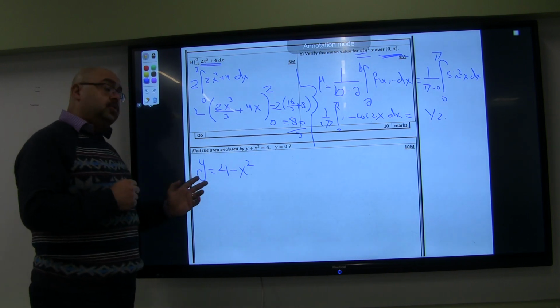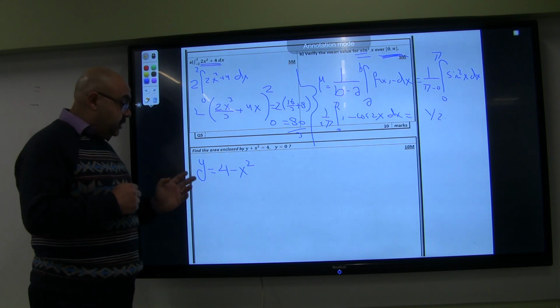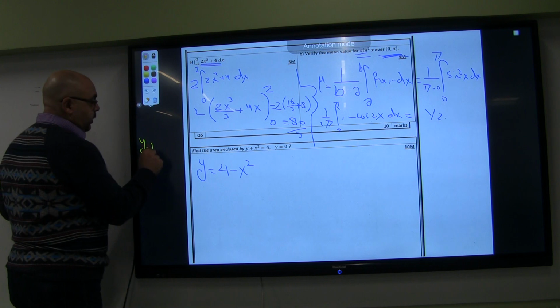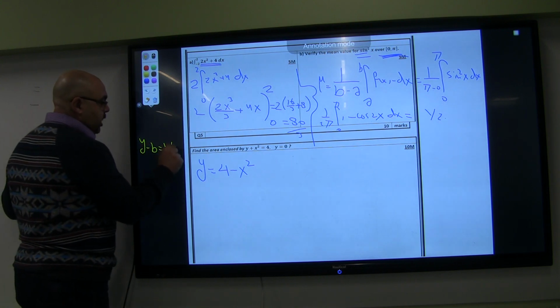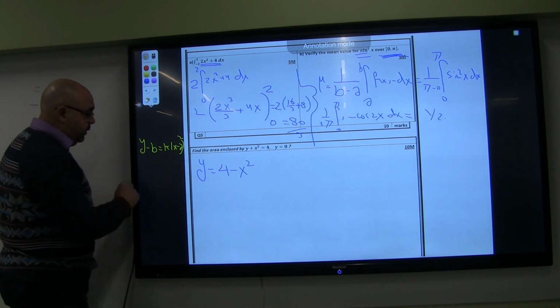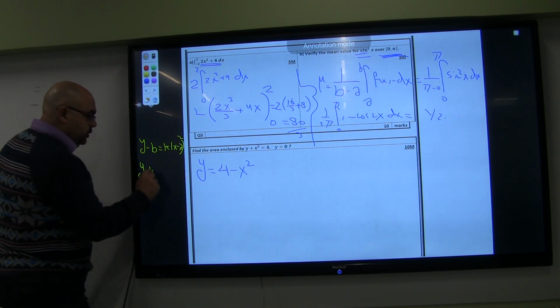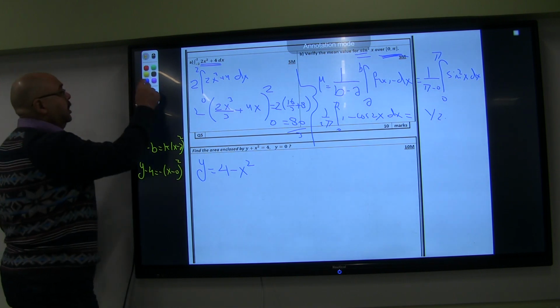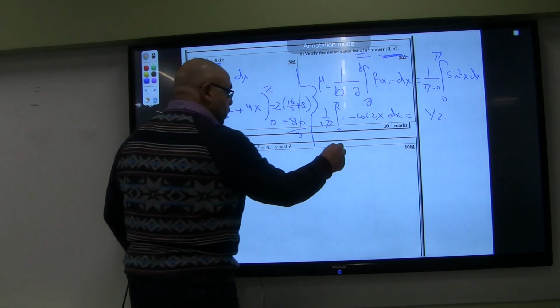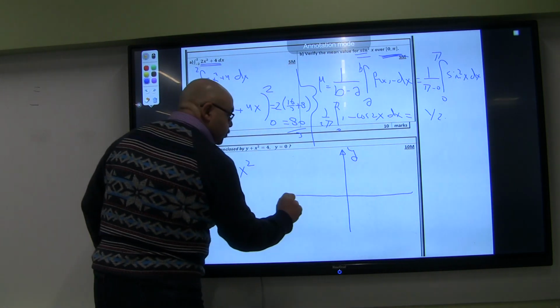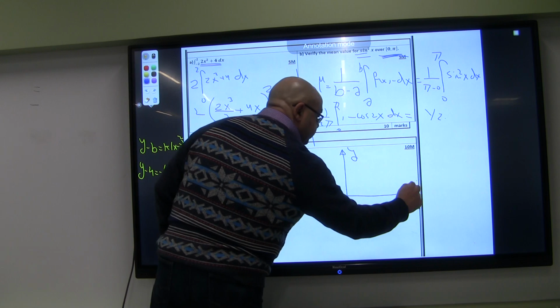We know that this type of quadratic function can be drawn if you put it in the form y minus e equals some k of x minus e to the power of 2. And this function can simply be y minus 4 equal negative of x minus 0 to the power of 2. This is the y-axis, and this is your x-axis.